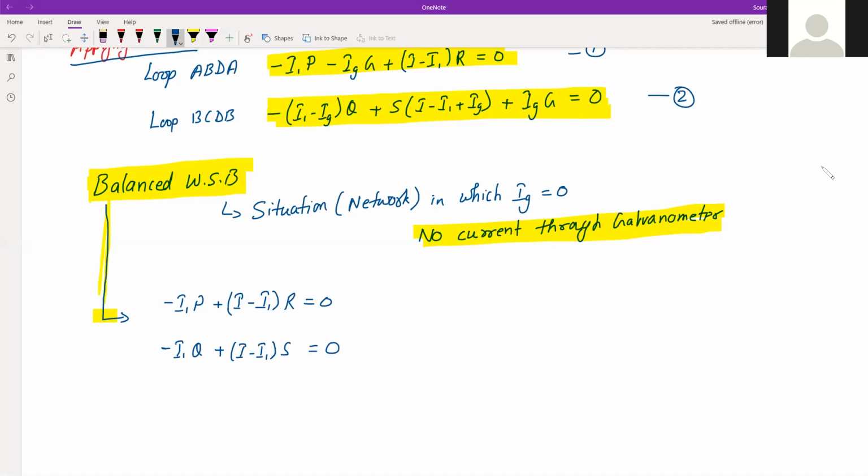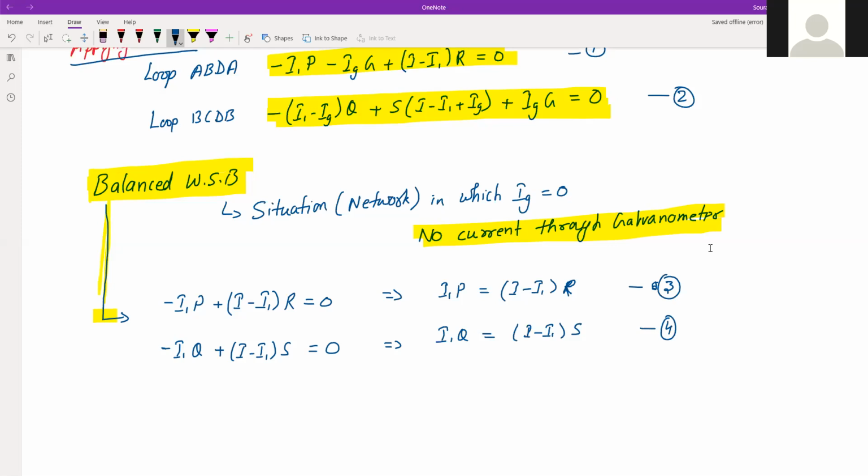From these two, what do we get? We get I1P equals (I minus I1) R, and I1Q equals (I minus I1) S. What we see here is that these coefficients, I1 and I minus I1, are the same in both equations. So these are the simplified equation 3 and simplified equation 4.